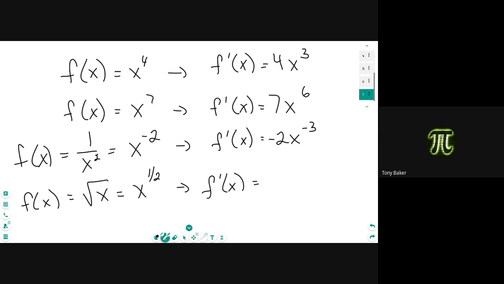Right. 1/2 x to the negative 1/2, which I could rewrite as 1 over 2 square root of x. Move it down and change it back to the square root. And this actually would be negative 2 over x to the third.